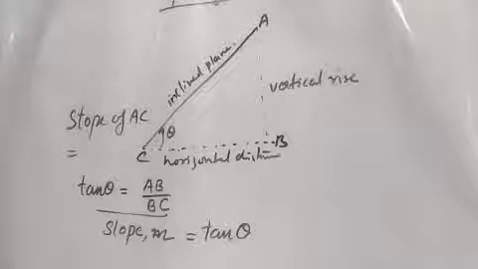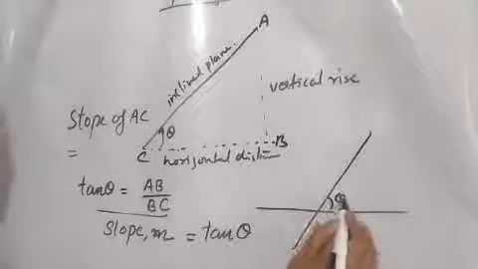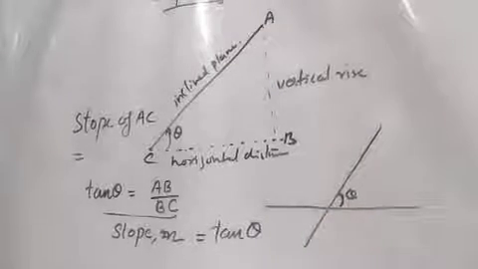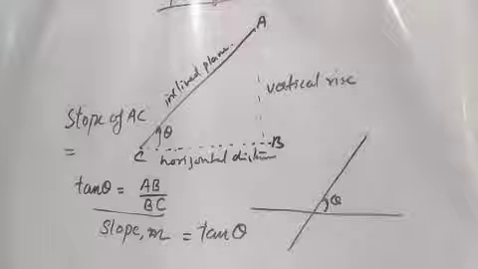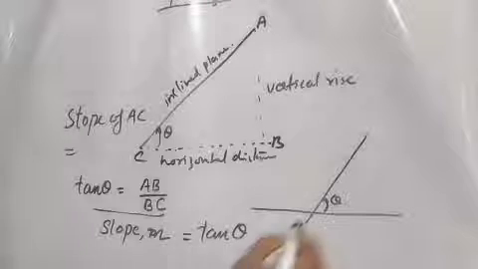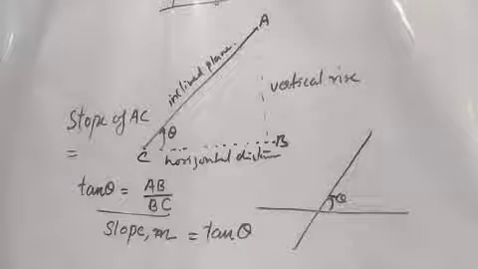Now, what about the slope of a straight line? Yes, it's also the same. Suppose this is a straight line and we have the angle theta here. Slope is equal to tan theta.